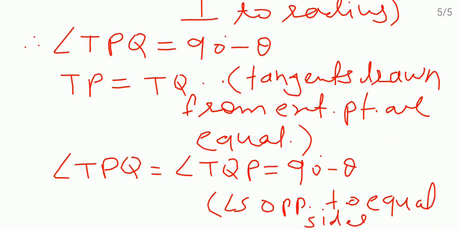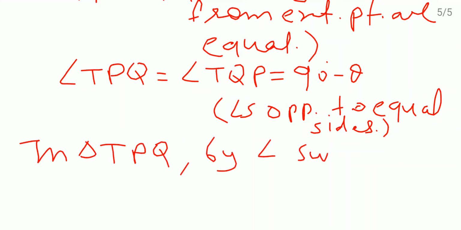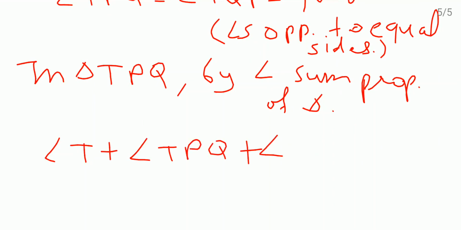Correct? Now in triangle TPQ, I will apply the angle sum property of triangle. So angle T plus angle TPQ plus angle TQP is equal to 180 degrees.